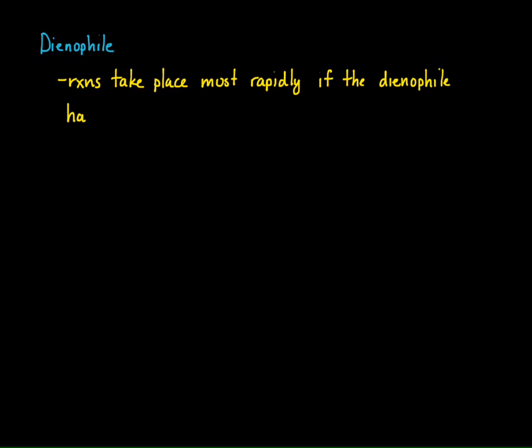All right, so now let's think about the dienophile. In general, reactions take place most rapidly when you have a dienophile that has electron withdrawing groups coming off of it. So one of the things that you have to be able to discern is whether or not a group is electron withdrawing or electron donating, and this is probably one of the key features.